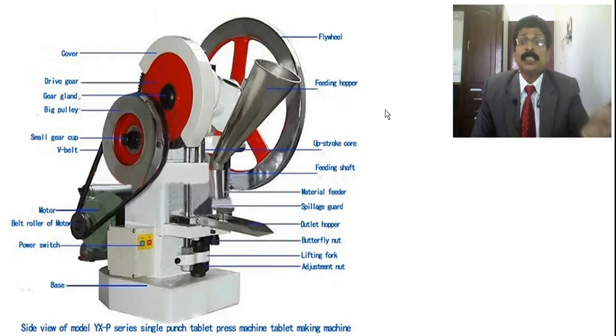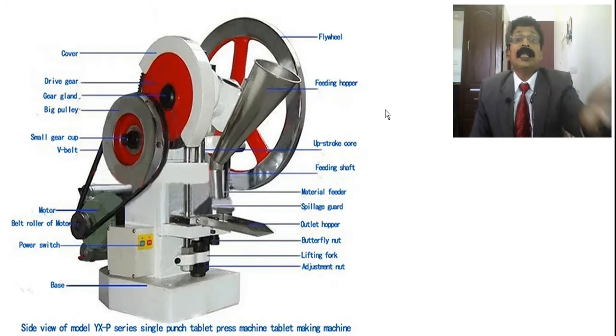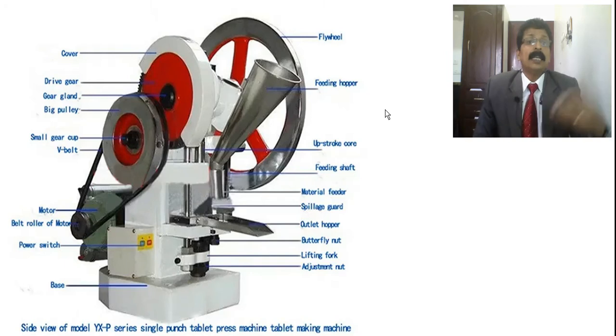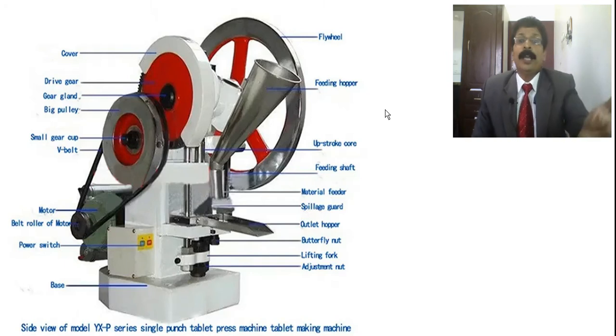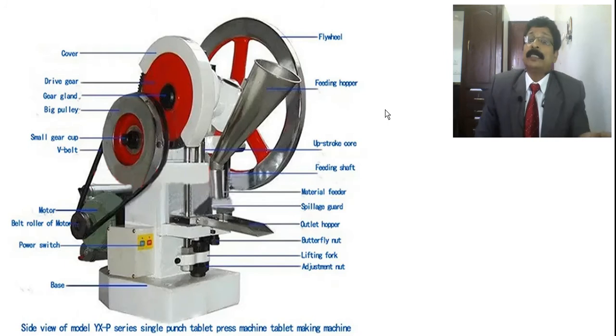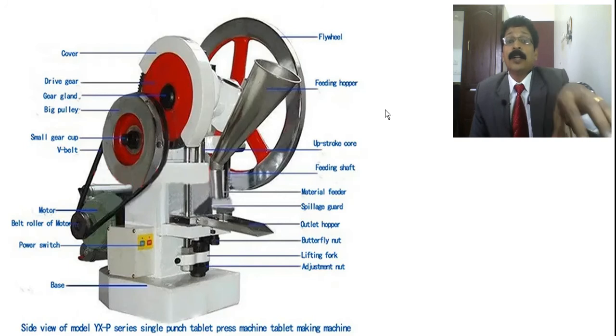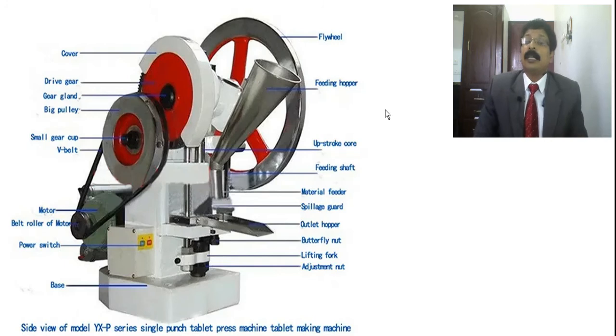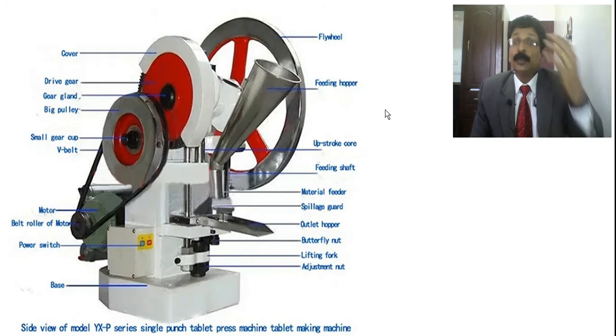If you listen to my lecture and understand, you can ask what the parts are, what the hopper is, what the wheel is, why this belt is used and how it acts as a mechanical belt, how the pulley works, how the lower punch and upper punch are fixed, where the hopper shoe is, and how the tablets are collected. And you can even manufacture a tablet, check its hardness, and test its friability, so that the student will never forget.